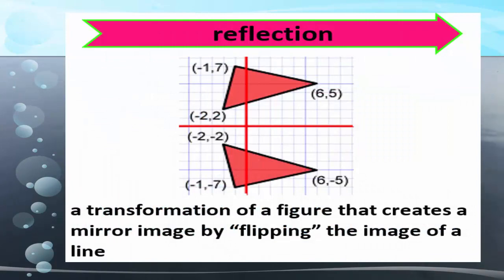Today we're going to look at reflections and rotations. Our definition for a reflection is a transformation of a figure that creates a mirror image by flipping the image over a line. And the line that we're going to use most typically in this course is the x or the y axis.